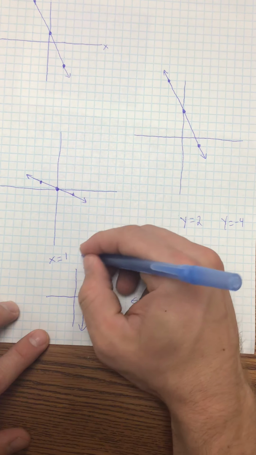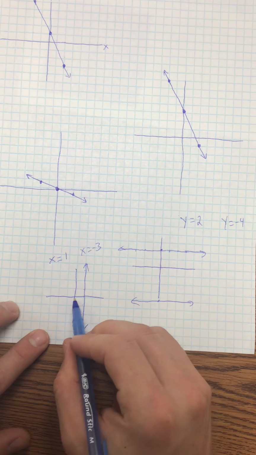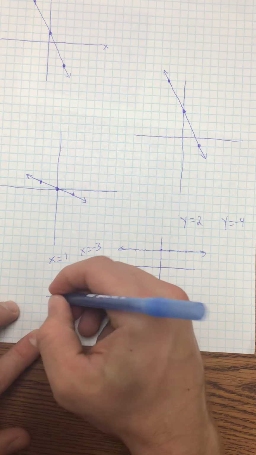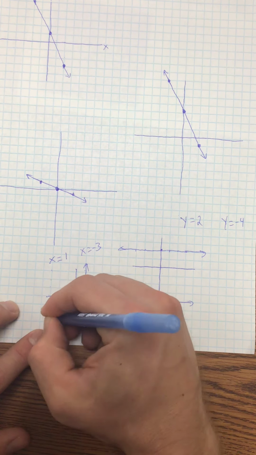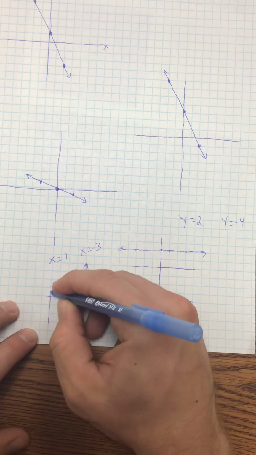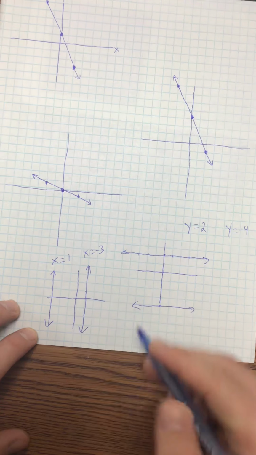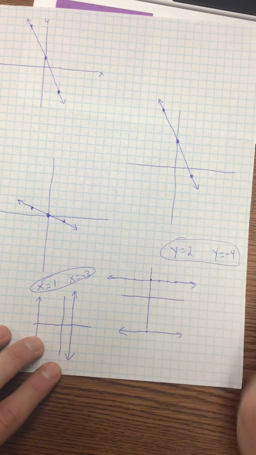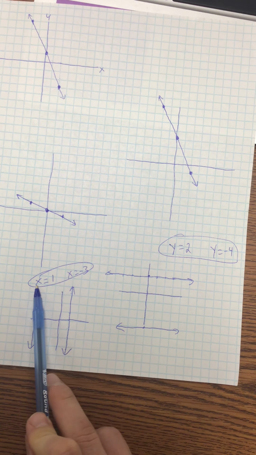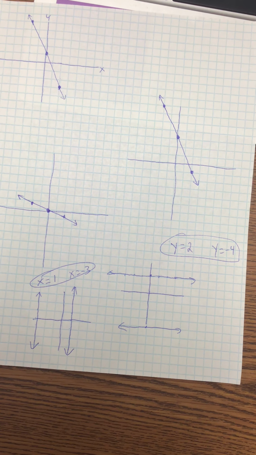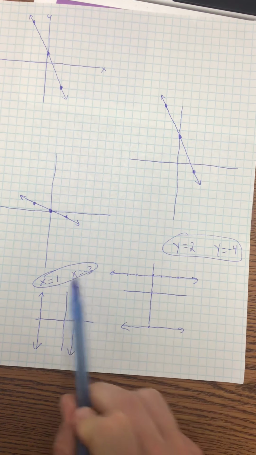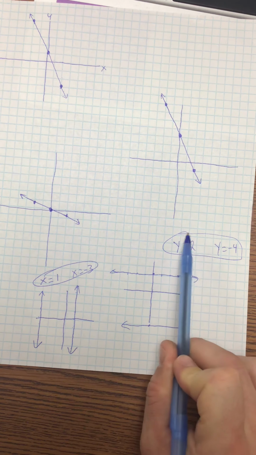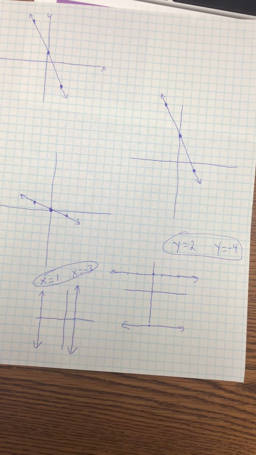If it was x equals negative 3, well, we would start at our origin, go 1, 2, 3, and it's all those points. So it'd be a vertical line there, okay? So if it's like either of these two, where x is all by itself and it's just giving you a value, you don't need your x or y charts on ones where it's just y equals a number or x equals a number.